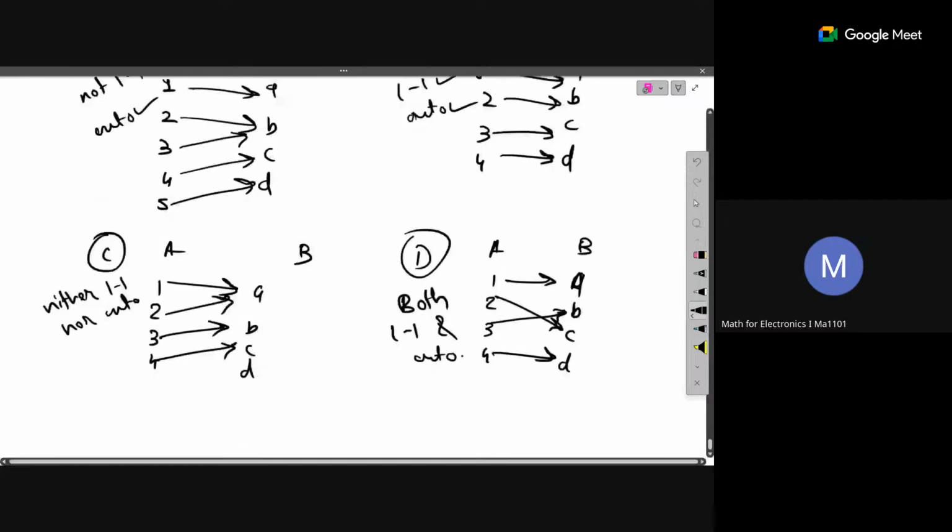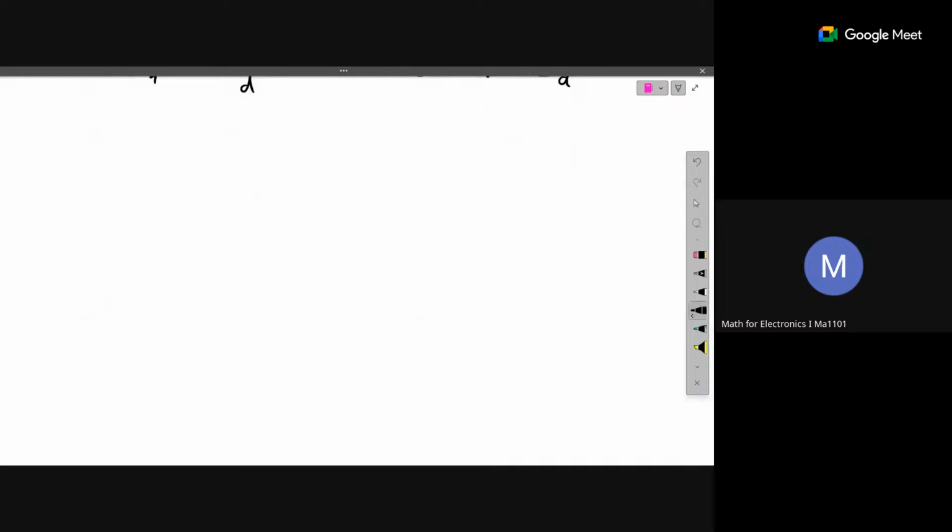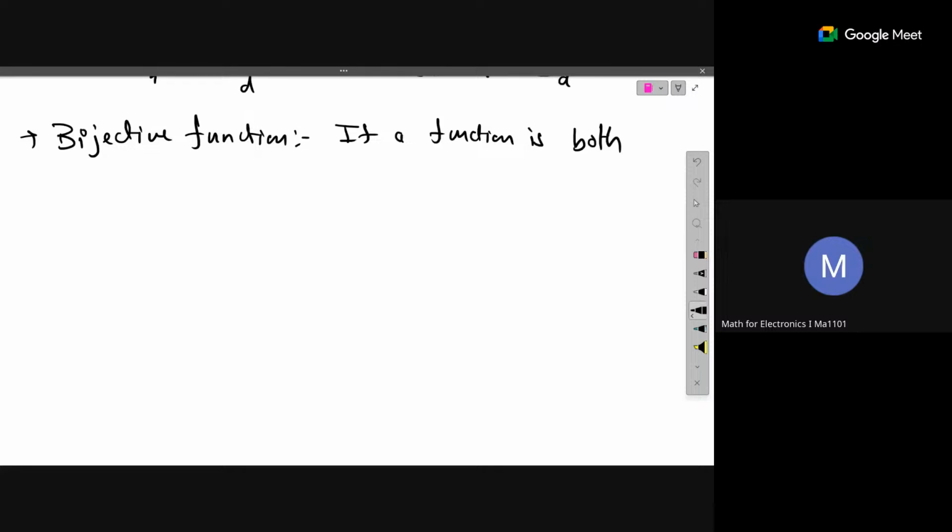Okay. So when a function is both 1-1 and onto, that particular function is known to be a bijective function. So this is the definition for bijective function. If a function is both 1-1 and onto, it is a bijective function.